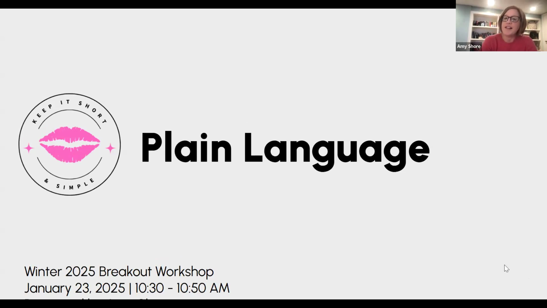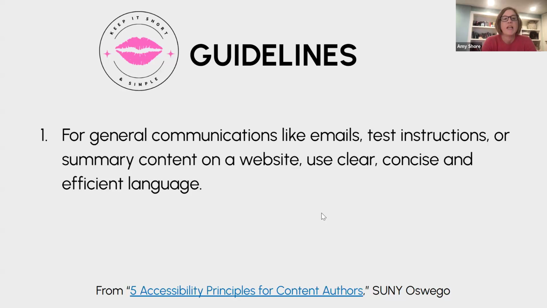So let's go to the first slide. I'm pulling from the 5 accessibility principles for content authors provided by SUNY Oswego. And they will post this deck later. You'll be able to follow any of the links in here, and you can access that document.